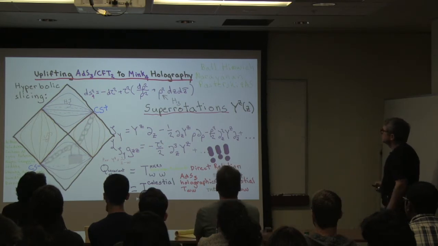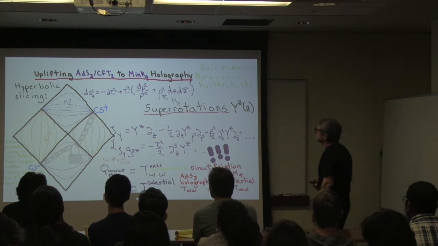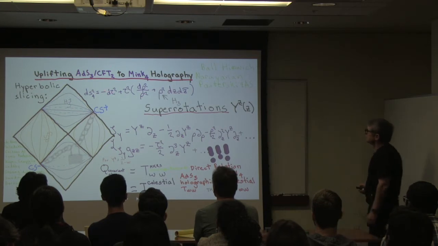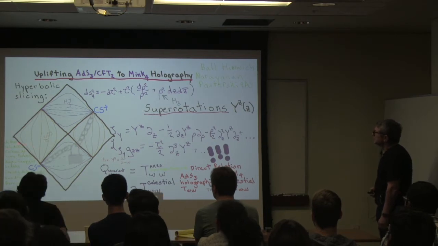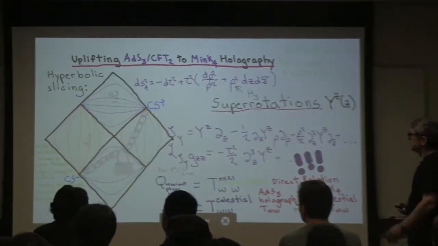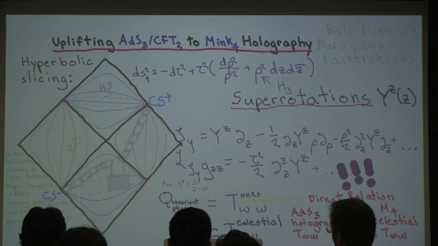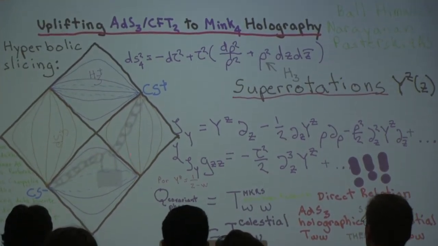Okay, so let me start by saying a few words about what the relationship is to ADS3 CFT2 of this kind of holography. This was really pointed out in a prescient paper by De Boer and Solodukhin, almost 20 years ago now. What they said is, let's just take Minkowski space and do this hyperbolic slicing of Minkowski space.